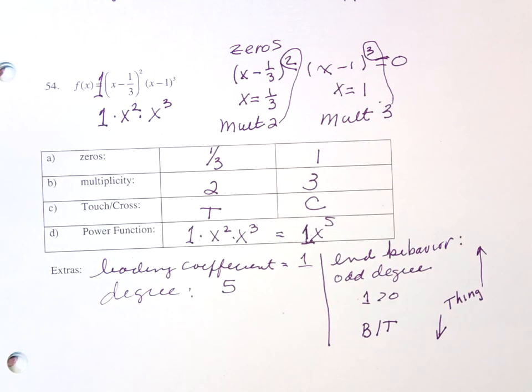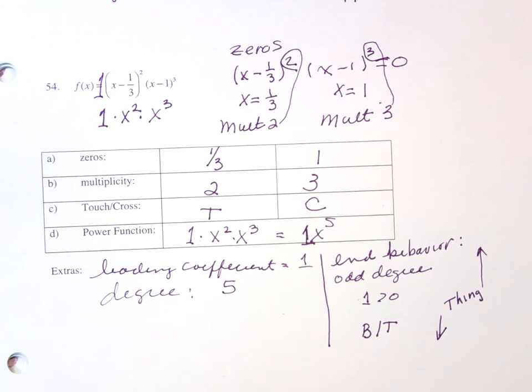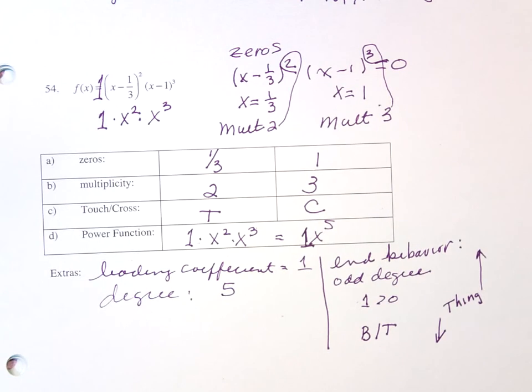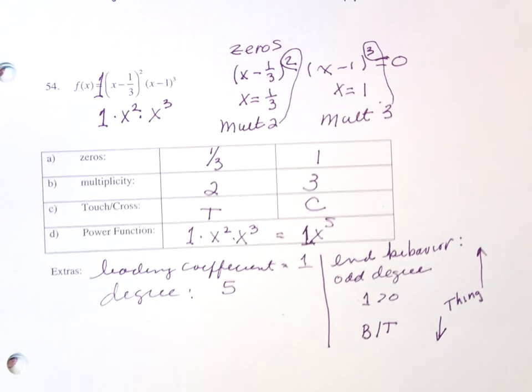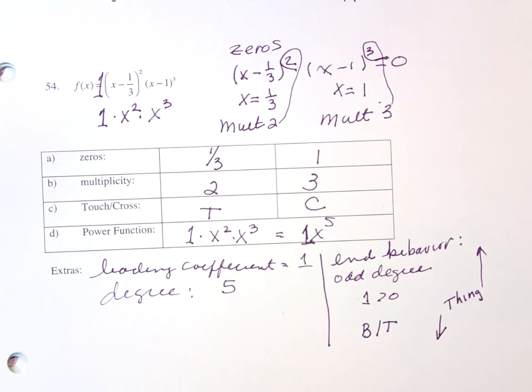Remember, negative leading coefficients flip around the x-axis. That means it's going to flip it from bottom top to top bottom. What you're looking at is vertical stretch, vertical shrink, when you're looking at leading coefficients that are fractional.